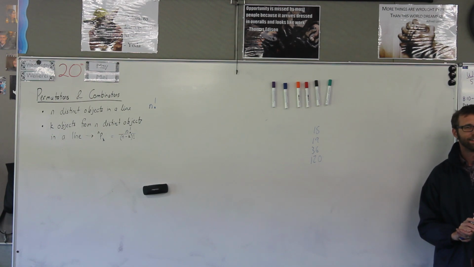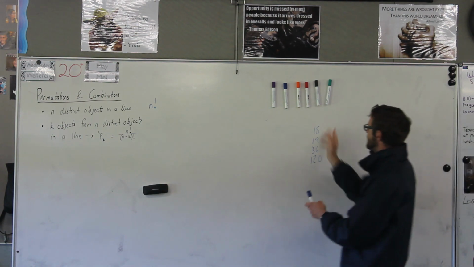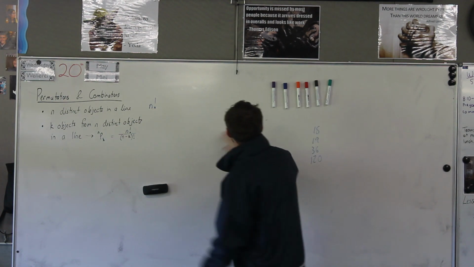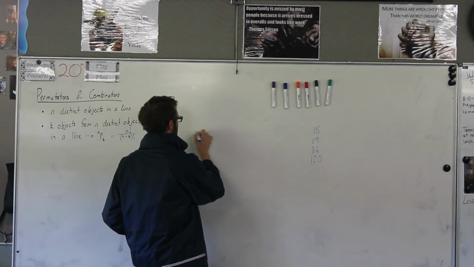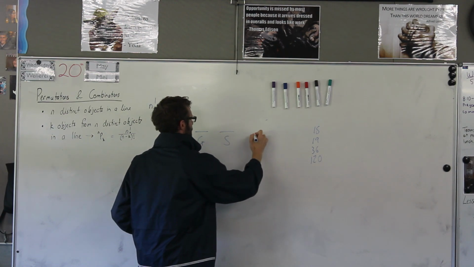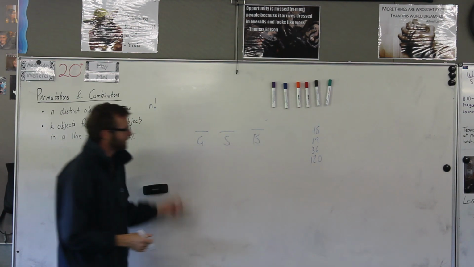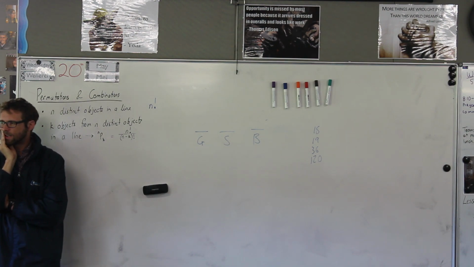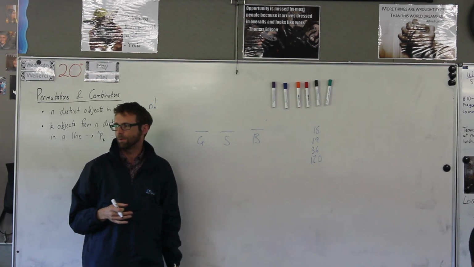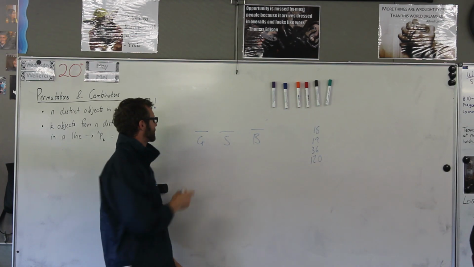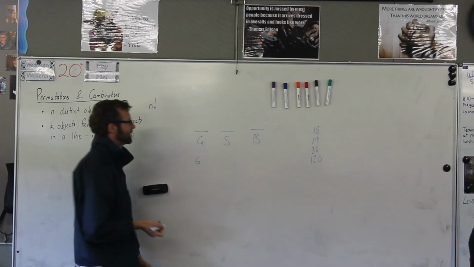Well done. Okay, so let's look at these guys here. We want to go gold, we want silver, and we want bronze. Let's fill up the gold first. Let's give the gold to somebody. How many different options are there for gold at this point when I'm picking someone for gold? 6.